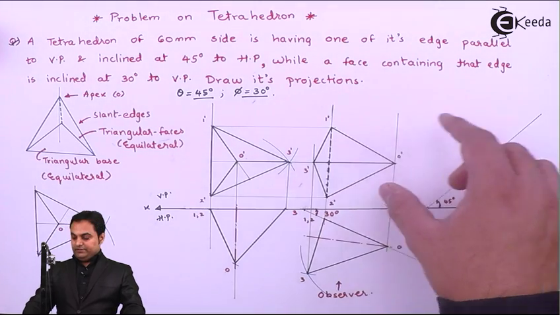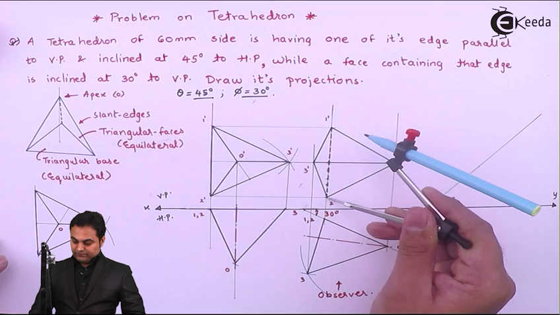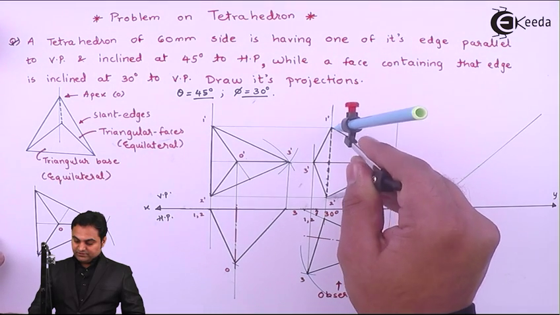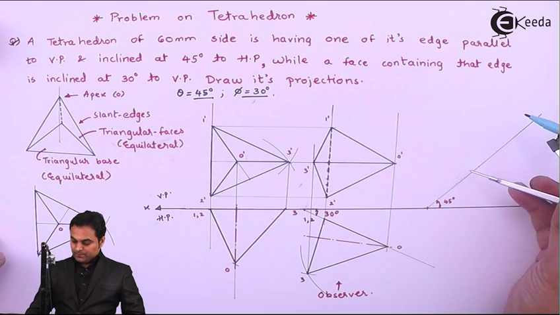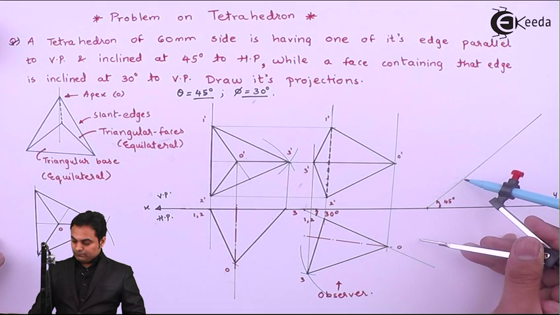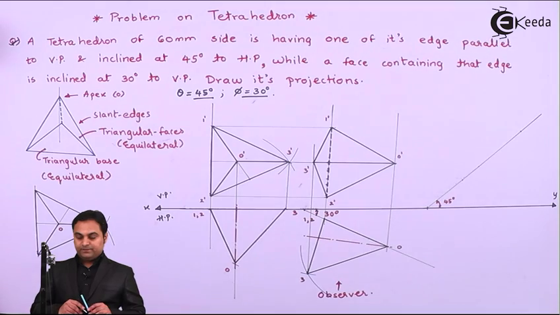Copying this entire tetrahedron on this side. So taking the distance from H2 dash up to 1 dash, marking it on this side.